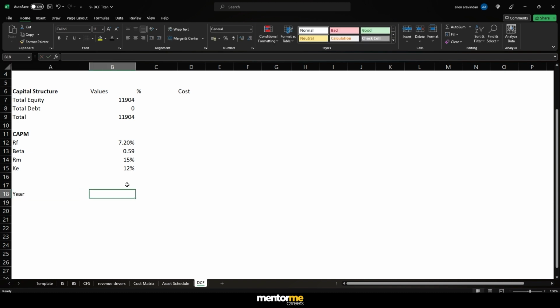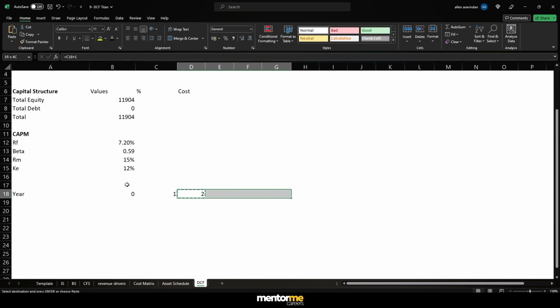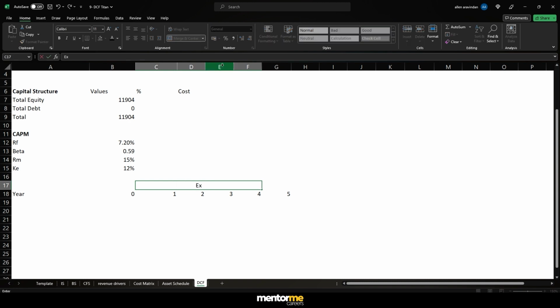So let's write here. So this is 0. Then the 4 years between 24 and 27 where we are forecasting, right? So 2024, 25, 26, 27. This is our explicit forecast, which we did using our various research, right? So we can just mention it as explicit forecast.